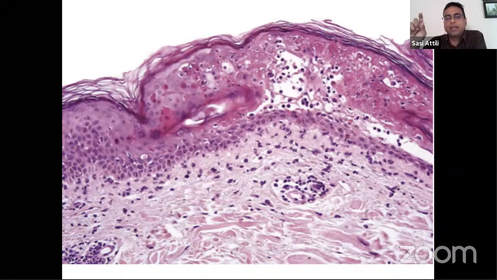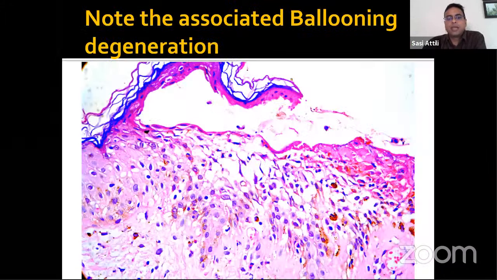In chronic dermatoses of any description, generally the stratum corneum either becomes compact or it develops parakeratosis. So if you're seeing orthokeratosis, it means it's an acute reaction. This is erythema multiforme. And often in erythema multiforme, note the associated ballooning degeneration. This is called ballooning degeneration, where the vacuolar alteration in the cytoplasm is so much they become balloon-like.